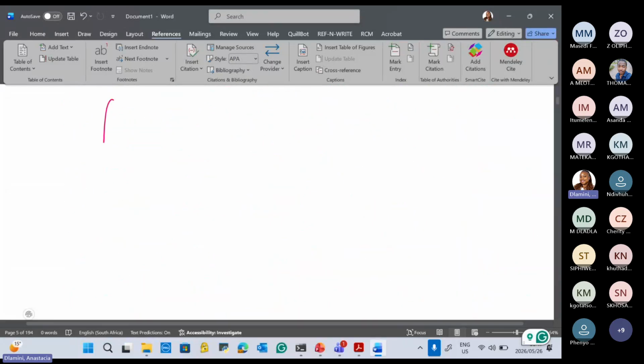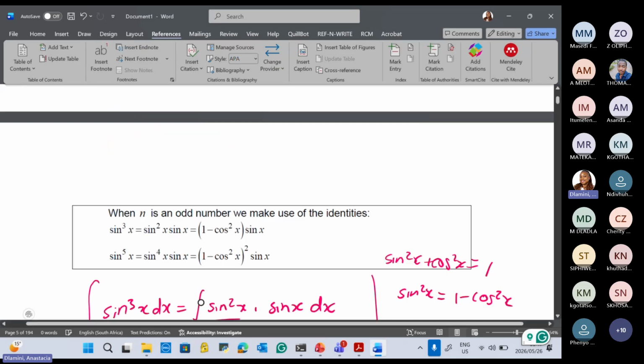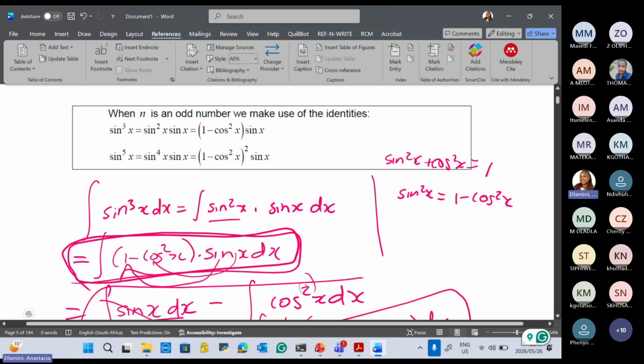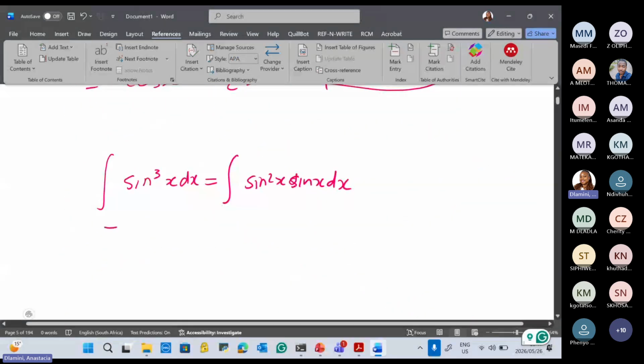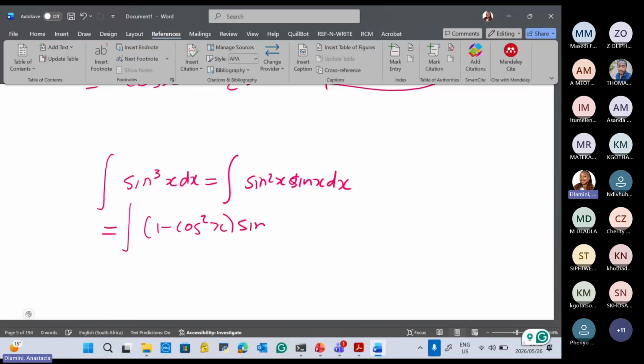I'll write it fast. So this is integral of sine to the power of 3x dx. So make sure you don't make such mistakes. So sine squared x, sine of x dx. Remember we said we split and then we take the one that is positive, we use the identity, this one over here. So then this will be equals to the integral of 1 minus cos squared x sine of x dx.